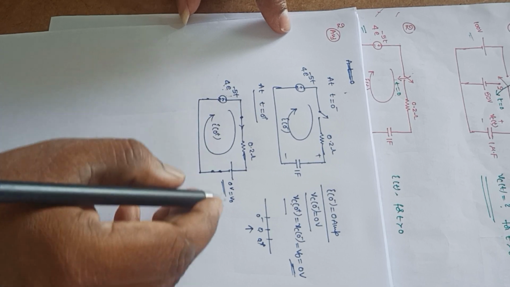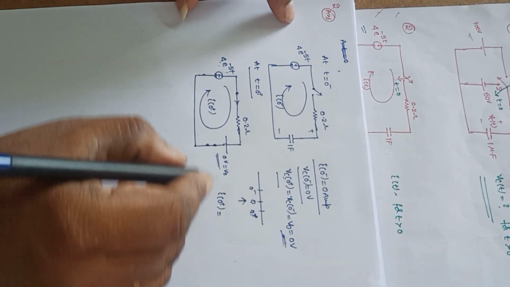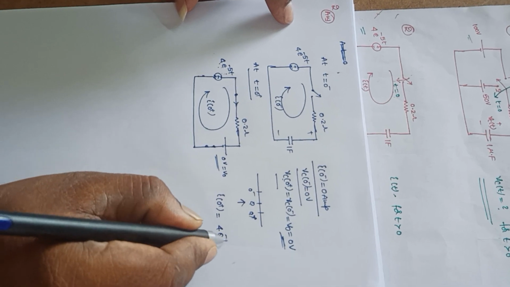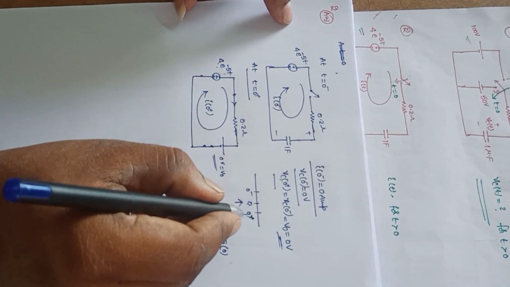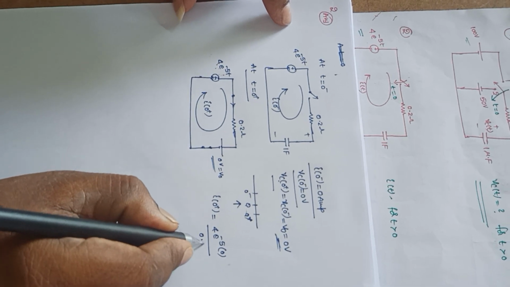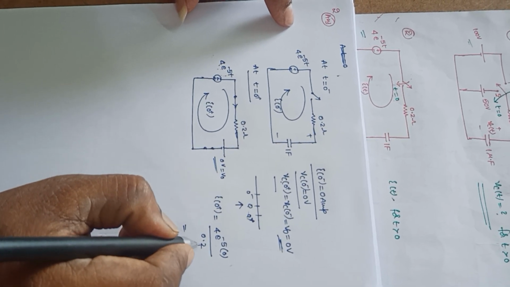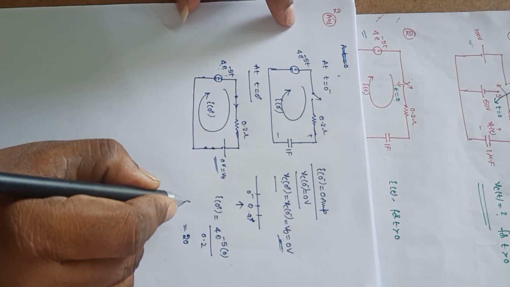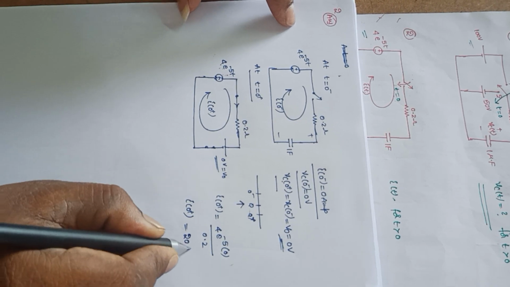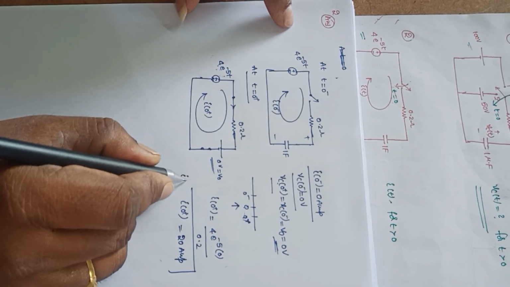Now let us write I of 0 plus. It is equal to 4 into e power minus 5t, where 5t is 0 because t is equal to 0, divided by 0.2. e power 0 is 1, so 4 by 0.2 is 4 into 5, that is 20. So I of 0 plus is 20 amperes, equal to I of 0.